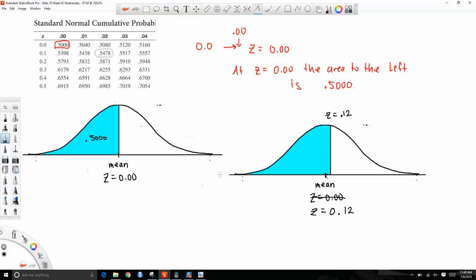So at z equal to 0.12, I go to the row 0.1, and I go to the column 0.02. These combine to make z equal to 0.12, and the area to the left is 0.5478.